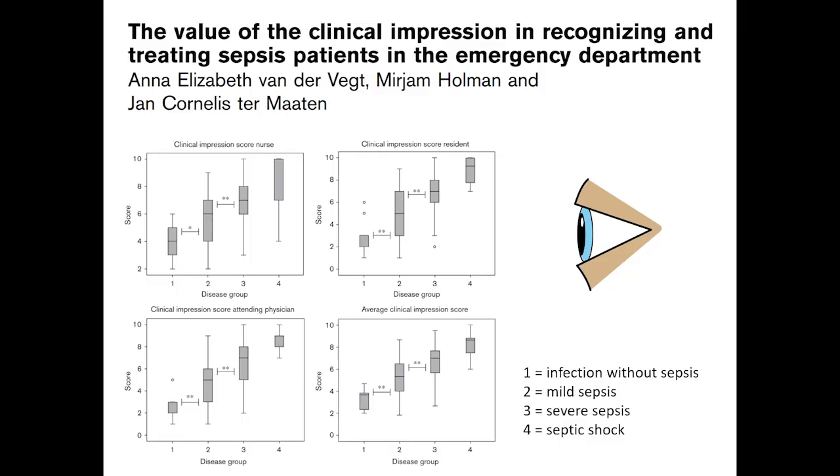And here is a very nice study showing that we can clinically differentiate, just by looking at the patients, quite well between patients without sepsis, mild sepsis, severe sepsis, and those with septic shock. Our clinical impression tells us already a lot about that. So we should rely on our first impression, because this study tells us that in many cases we are right with that impression.